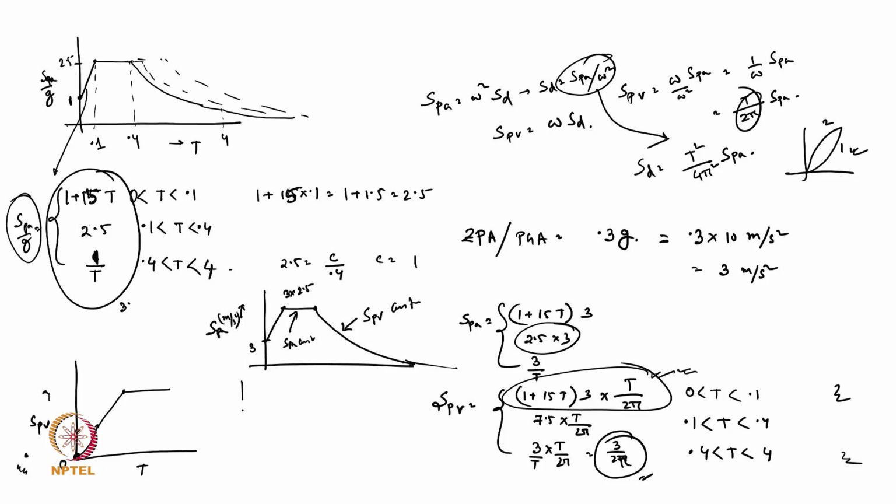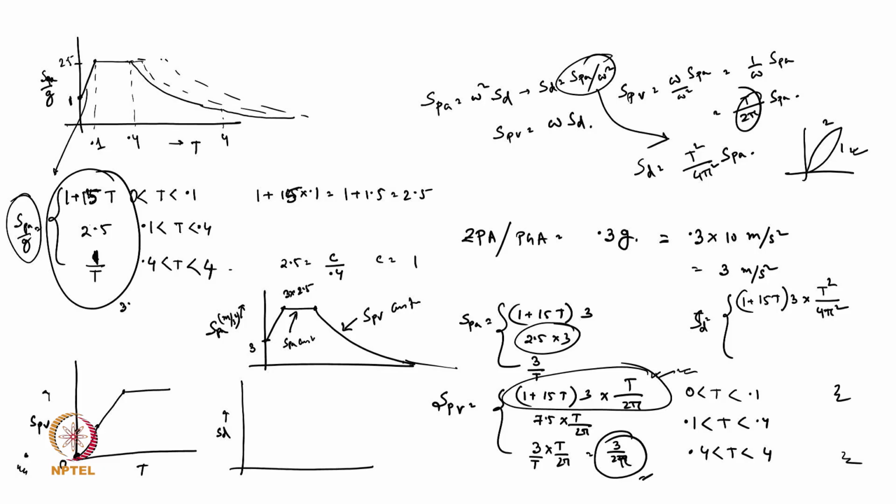Yes, so now the next one, maybe the most important one, SD also. One of the most important. How it should be. So you already have SPV. So now you can just do it this way. SD will be equal to 1 plus 15t into 3 into t square by 4 pi square.